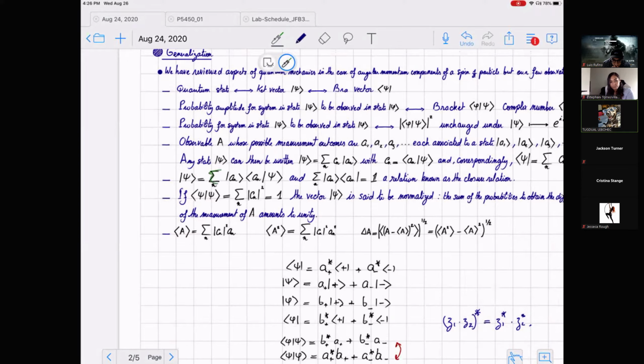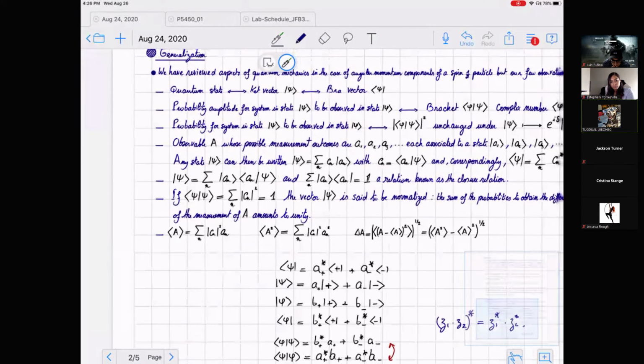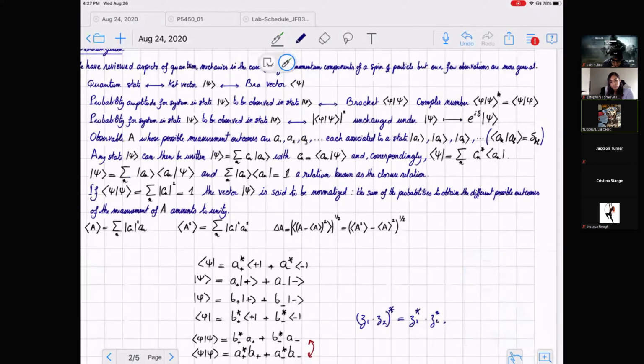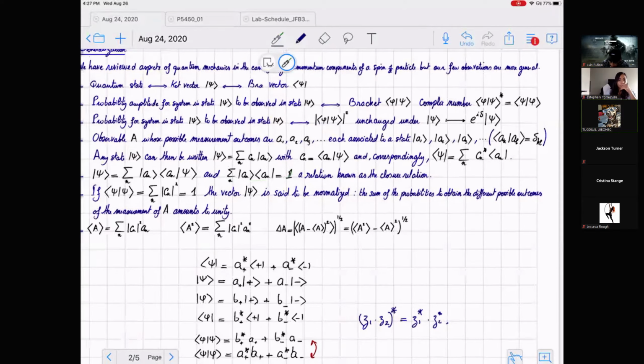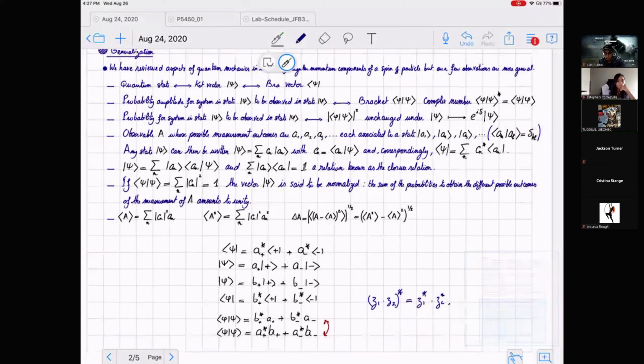And then when you sum over all these states, you get the state psi. And I told you that this is known as the closure relation. And having a state normalized ensures that the sum of the probabilities of all the individual possible measurement outcomes is equal to 1, which is expressed here.